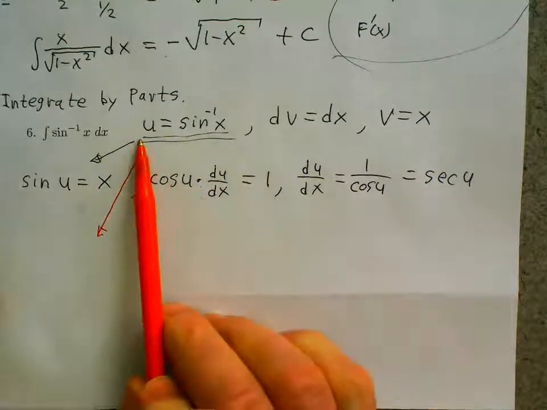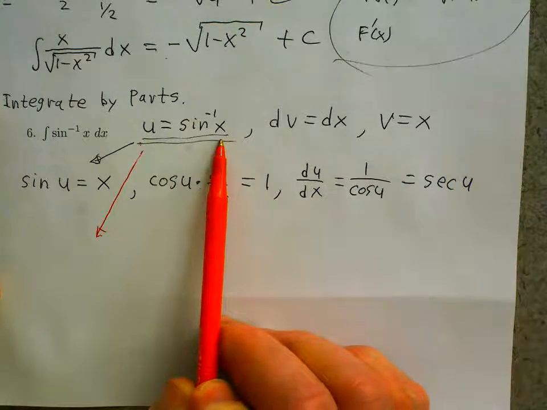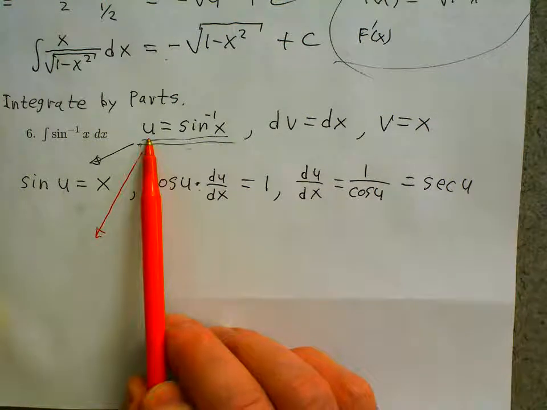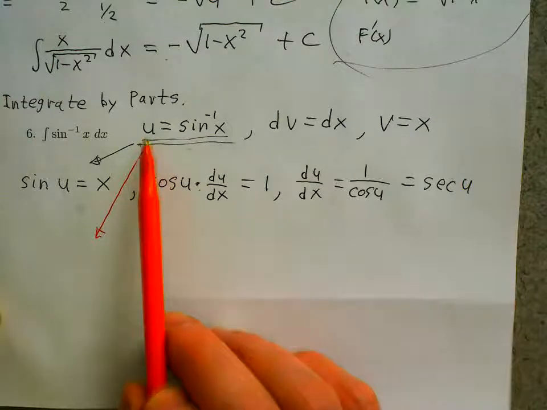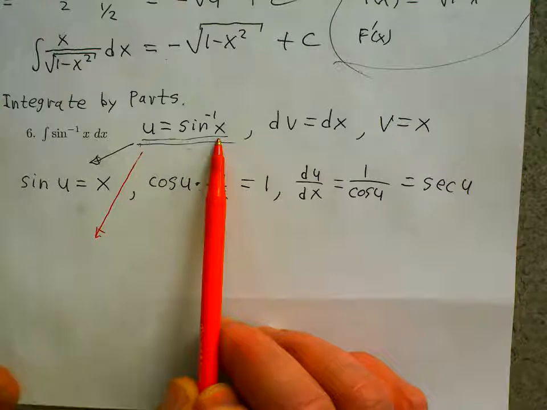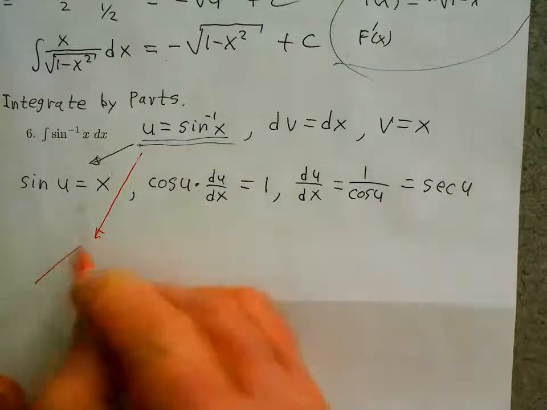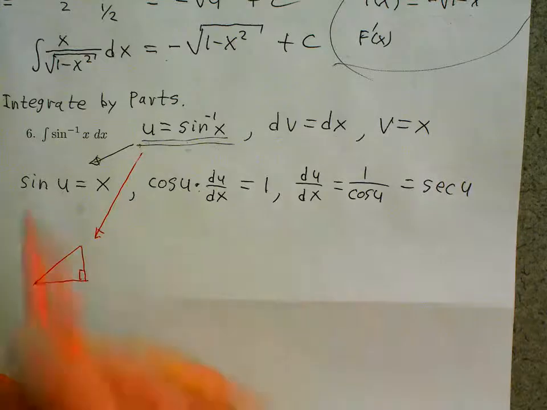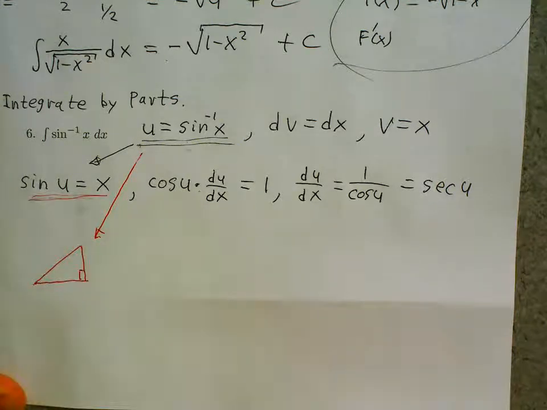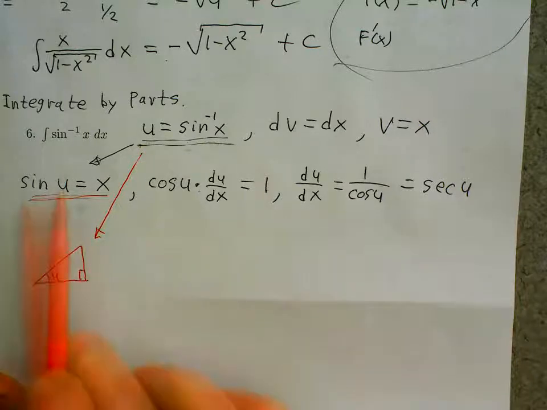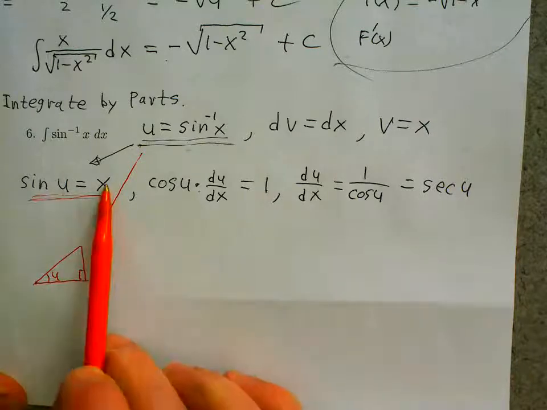Since u is equal to inverse sine of x, what does that mean? That means that u is the angle whose sine is x. So we can use right triangle trigonometry to help us out. This equation right here gives us the same information. If we have an angle u, the sine of u is x.